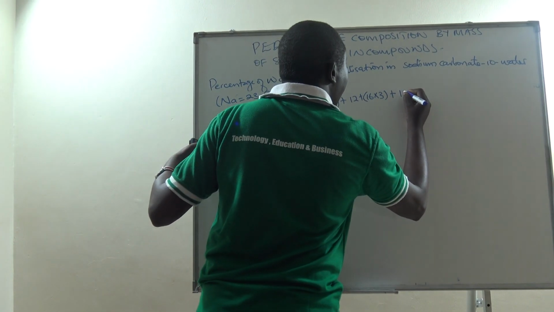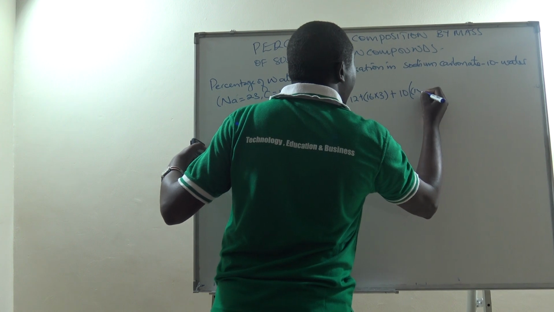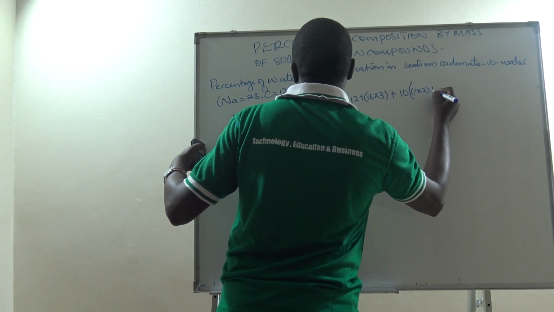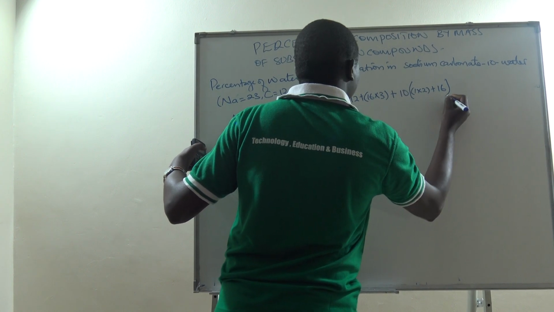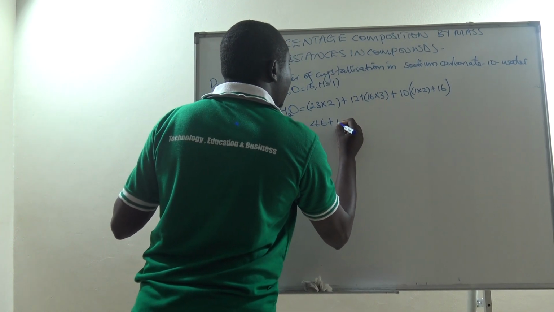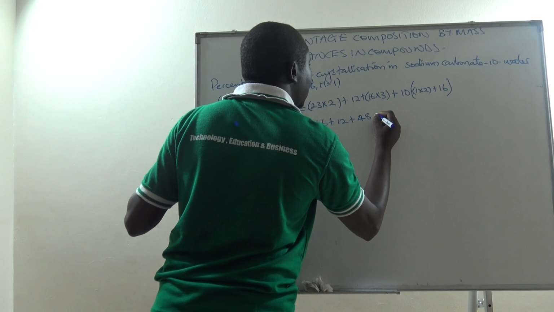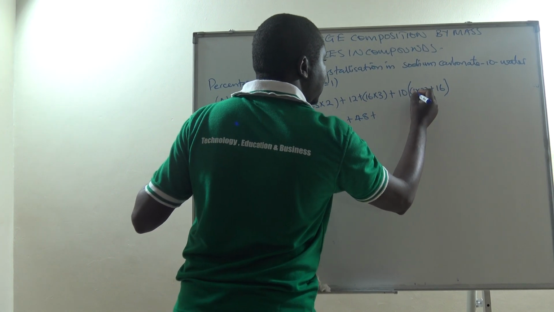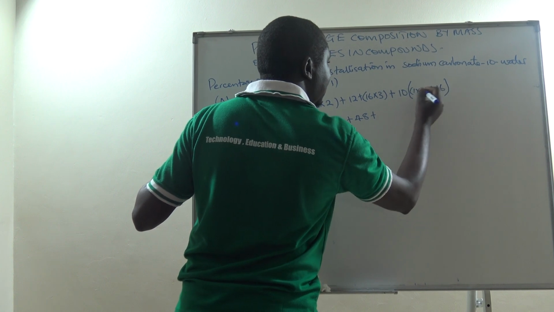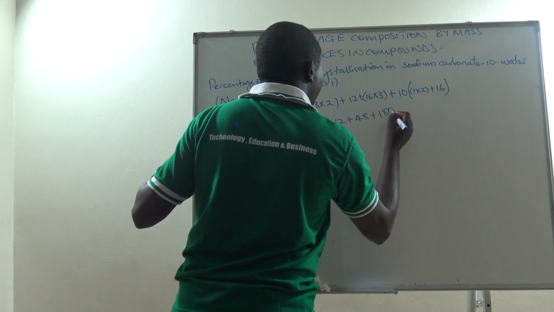So it will be 10 times the whole mass of water, that is 1 times 2 plus 16. And this one gives us 46 plus 12 plus 16 times 3, which is 48, plus 10 times 18, which is 180.